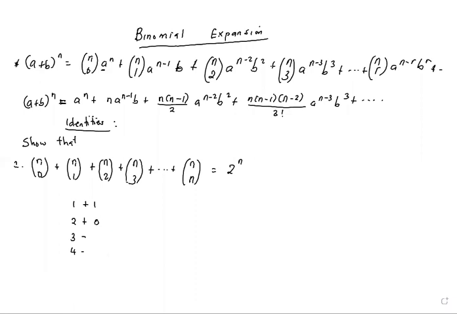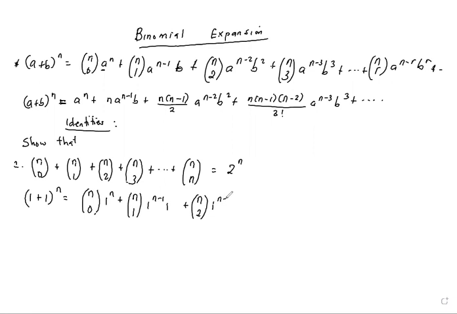Now, before we know what n is, if we select 1 and 1 to the power n, we'll have n0. Where there is a, we'll put 1 to the power n. We'll have n1, we'll put 1 to the n minus 1 multiplied by 1. We'll have n2, we'll put 1 to the n minus 2, 1 squared.